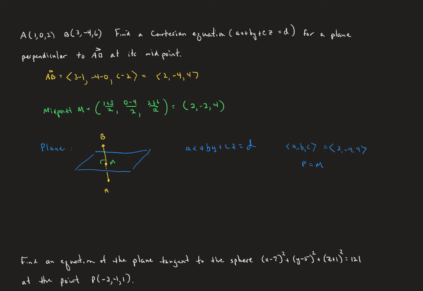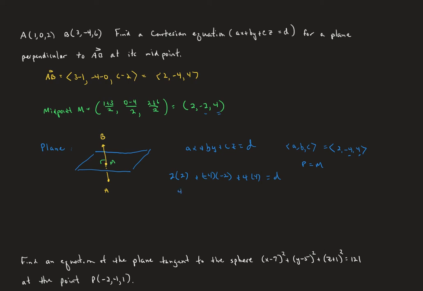So we're going to get the 2, which is our a, times the x-coordinate of the point, 2, and then our b is the negative 4, which is the y component of our normal vector, times the negative 2, that's the y-coordinate of the point on our plane, and then plus the 4, which comes from our normal vector, times the 4, the z-coordinate of our midpoint, and that's going to be d.